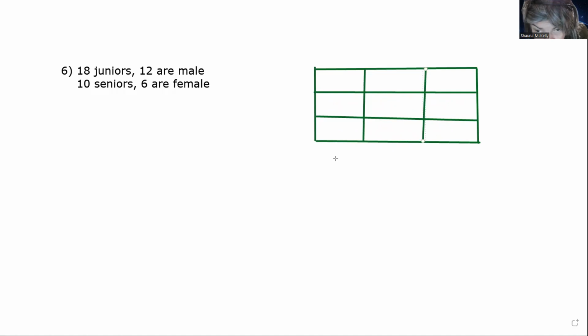It doesn't matter which way you go, but do label. This is going to be males, females, and a total.